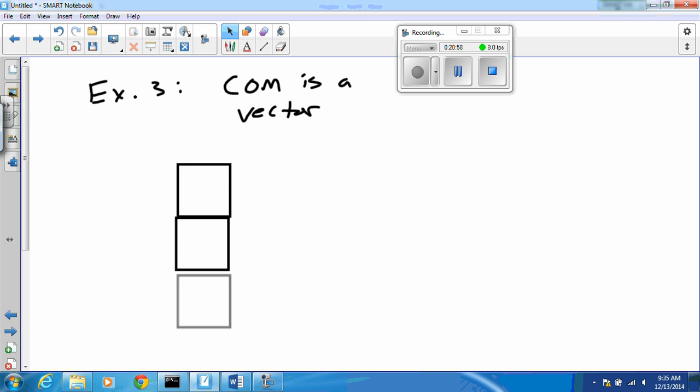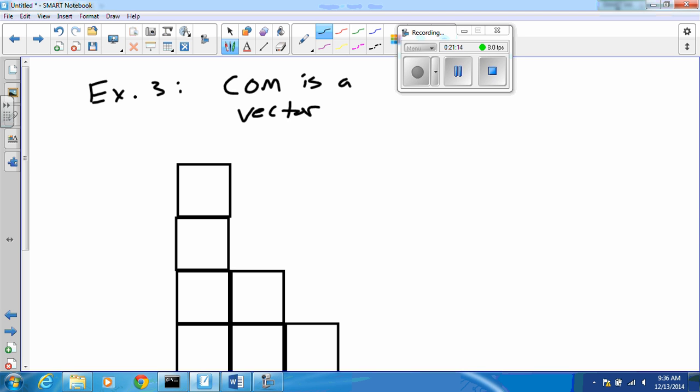I want to consider an object that is made up of a bunch of square tiles. So here's a bunch of square tiles laid out.